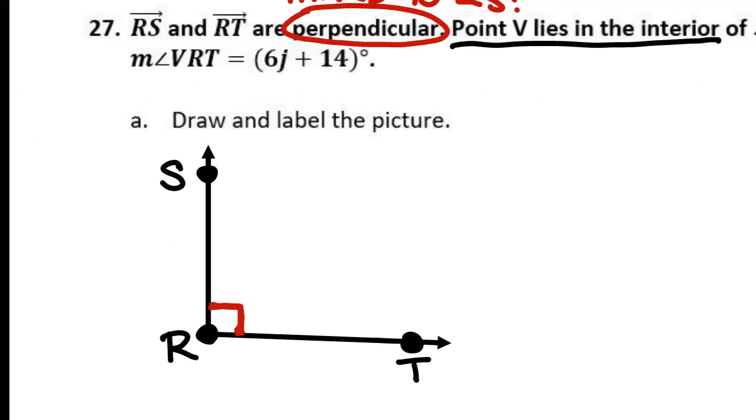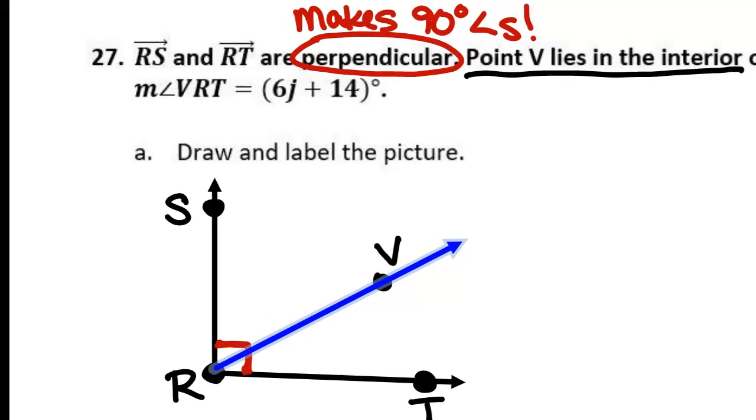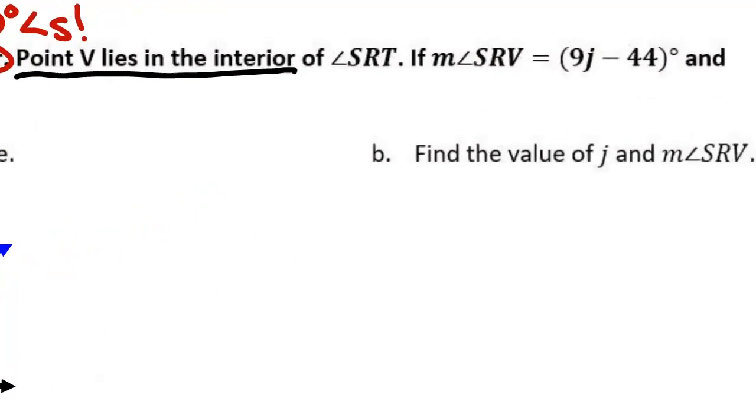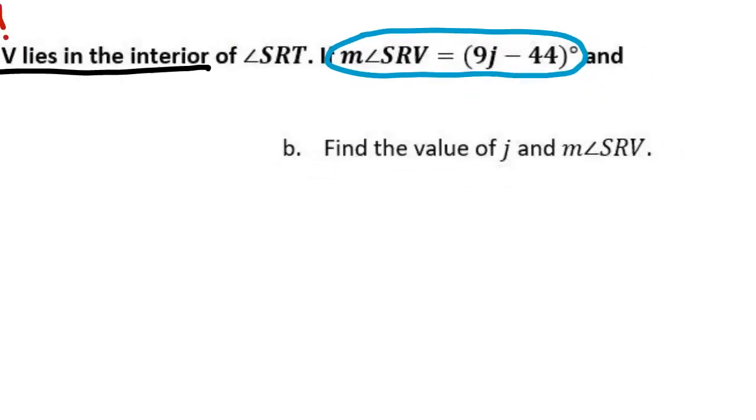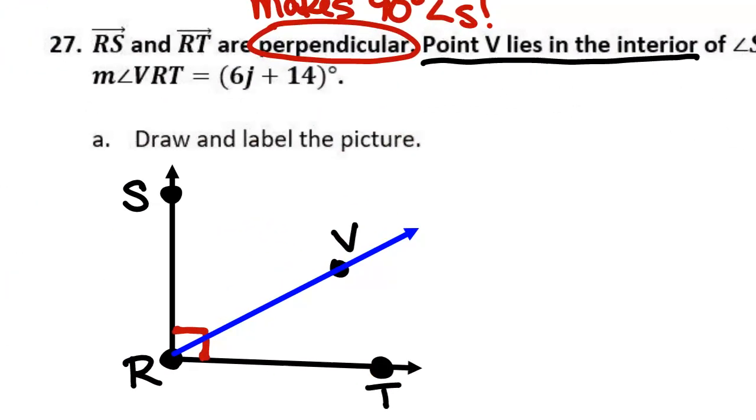So somewhere in the middle, we have a point V, and I'm going to draw a ray from R through V, creating two angles inside my right angle, two smaller angles. It says the measurement of angle SRV is 9J minus 44.